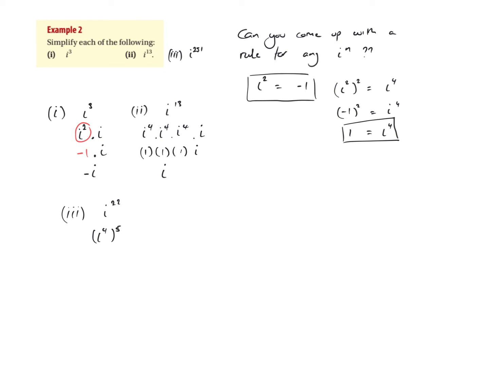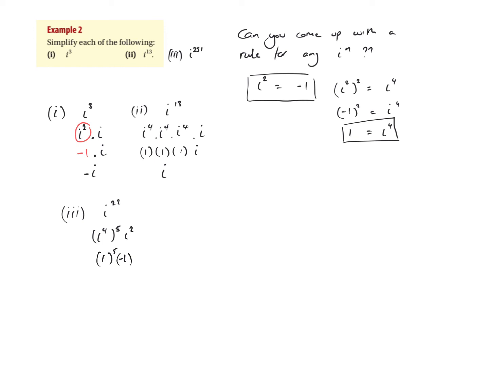Remember, our index laws say that 4 times 5 is equal to 20, which means that we have an i squared left. So we've got i squared, so that's 22. Okay, so all we do then is i to the power of 4 is 1, so we've got 1 to the power of 5 multiplied by i squared, and i squared is, as we look at the definition on the right there, minus 1.